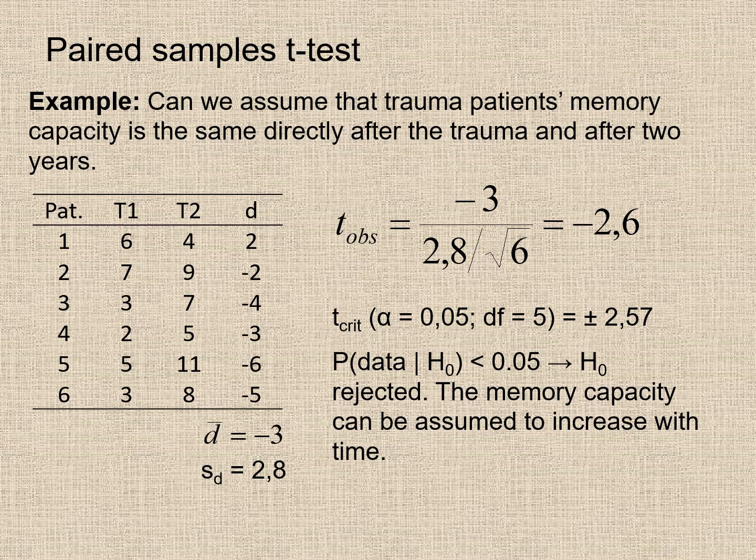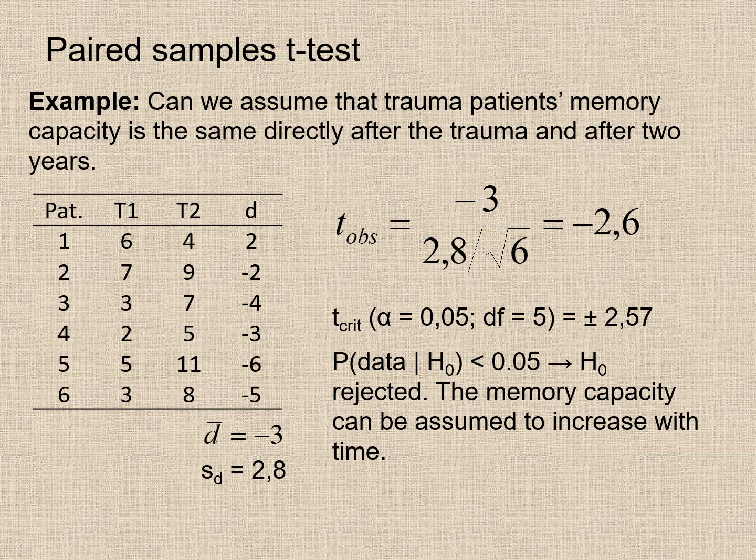The probability of getting a sample mean that differs this much from zero if the population mean is zero is less than 5%. Because we know that with 95% probability, the sample mean would be within 2.57 standard errors from zero.